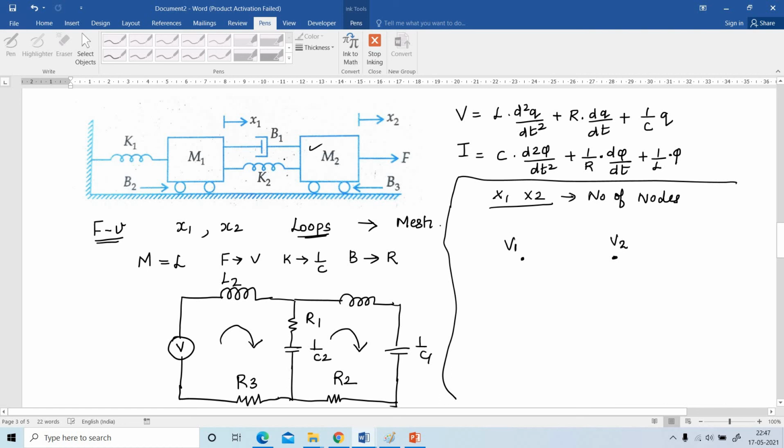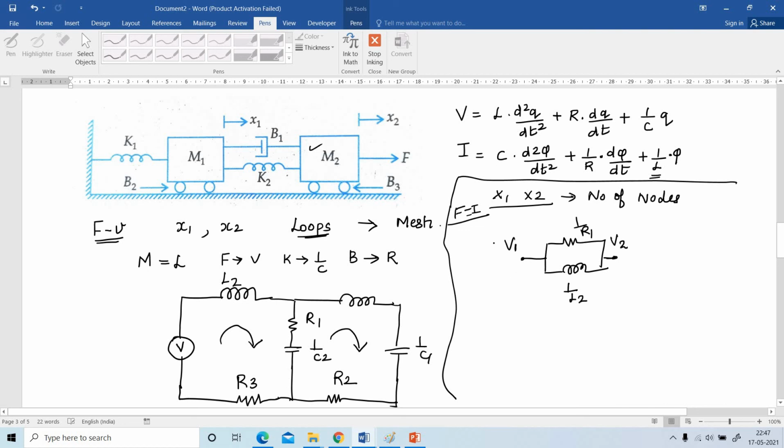In between the two nodes, we have two components. Okay, how to draw this? First draw the dashpot B1. In the force current analogy, dashpot B1 is equal to 1 by R1. And what about K2? K2 is equal to 1 by L. Draw the inductance and put 1 by L2.